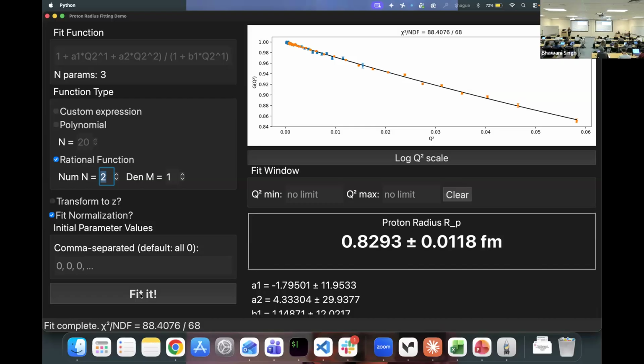A paper came out prior to the PRAD data being even recorded that took a whole bunch of functional forms and said, okay, we have all these models of the electric form factor. Let's fit them with these different functional forms and see which functional form is the most robust. If we have all these models, they tell us what the radius of that model is. So can that functional form reliably extract the input radius of any model you throw at it, and to what precision?